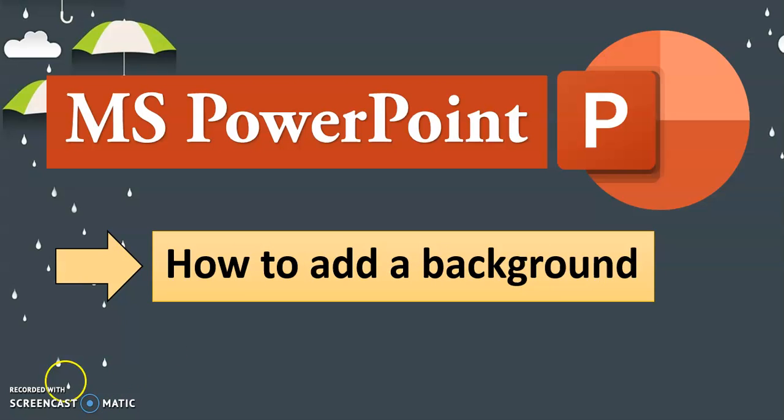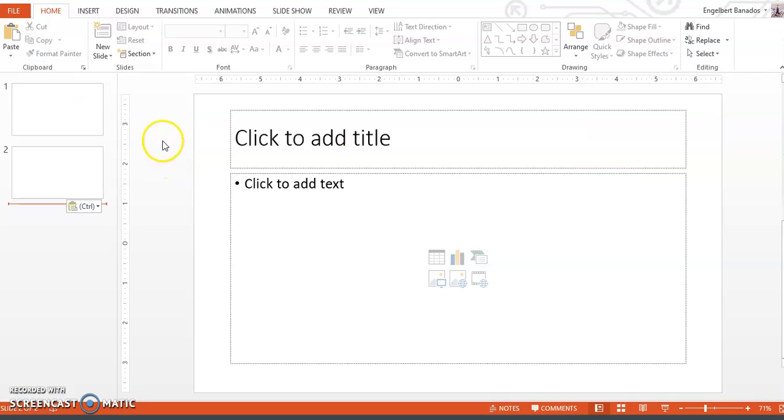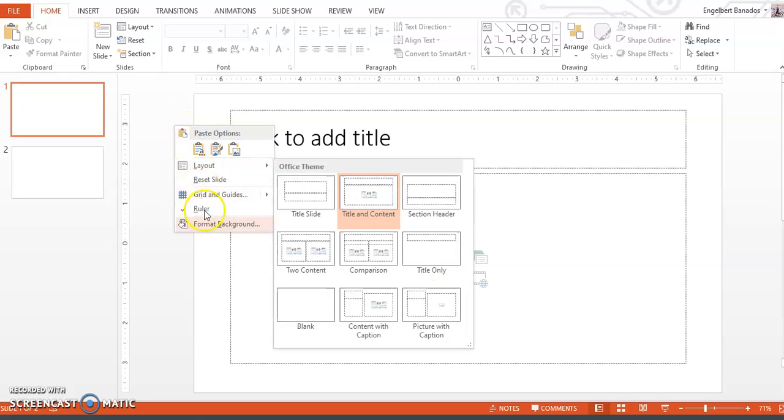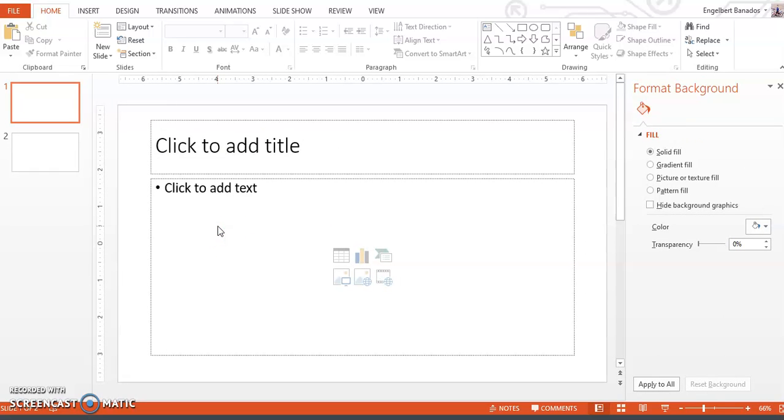Now, let's try to add some background. Now, to add a background to our slide, all we need to do is click on which slide you want to have a background. Now, just do a right click outside and click format background.